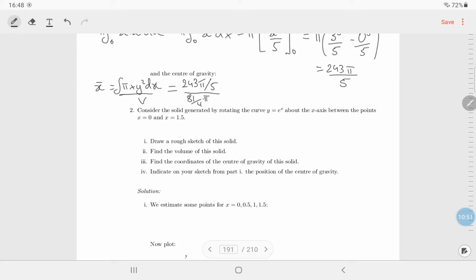This is certainly one we should go to the calculator with, because we are going to put it in our sketch. So you get 243 pi over 5, all divided by 81 pi over 4. This turns out to be 2.4.